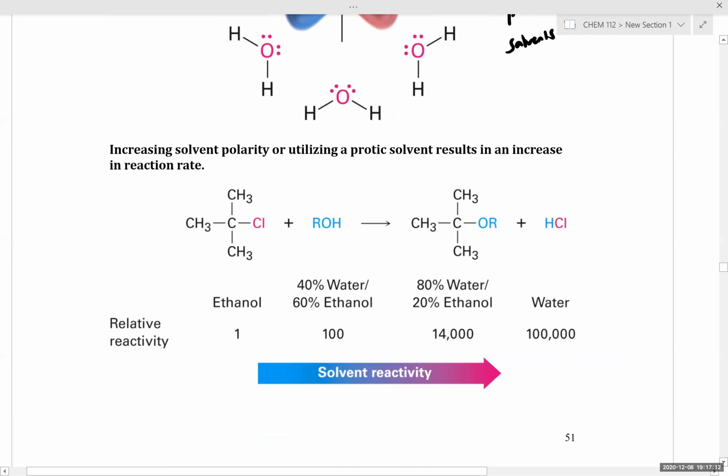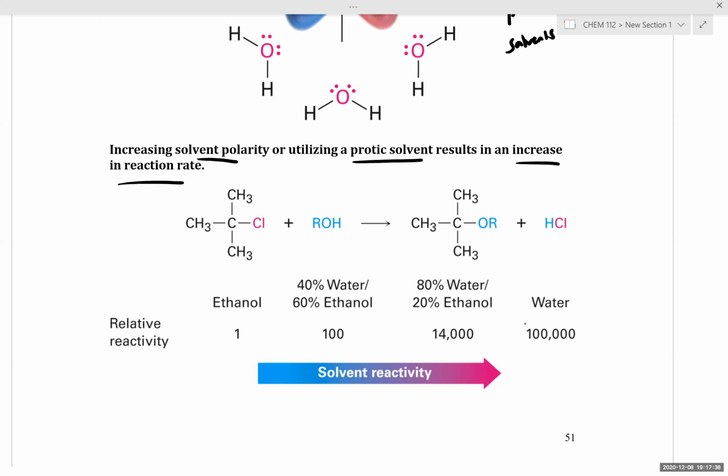Increasing your solvent polarity or utilizing a protic solvent results in a very dramatic increase in reaction rate. So for example, switching from ethanol to water as our solvent results in almost 100,000-fold increase in relative reaction rate.